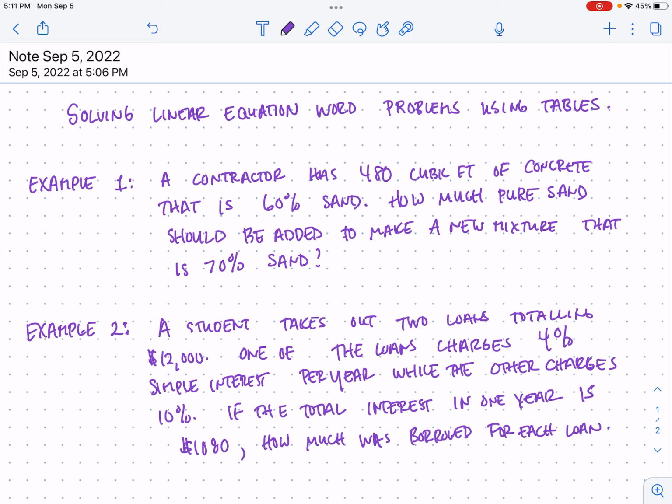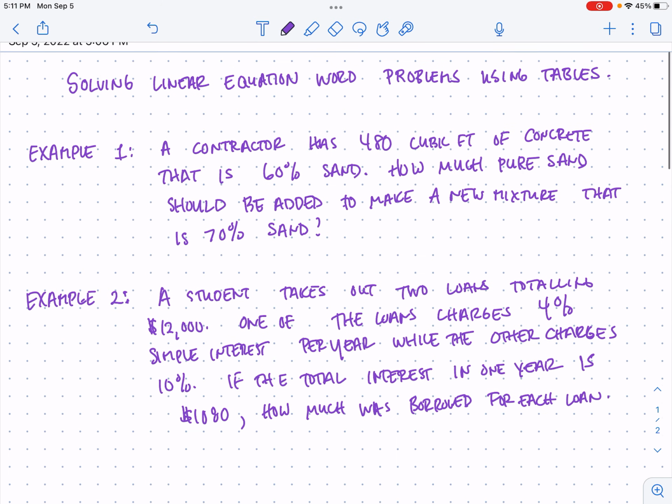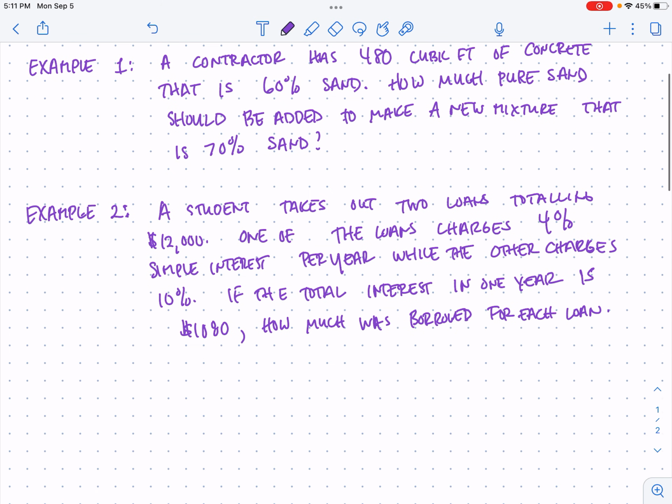So completely different context there, but we're going to see that we can use similar techniques to solve these 2 different kinds of problems. We'll look at one more example.